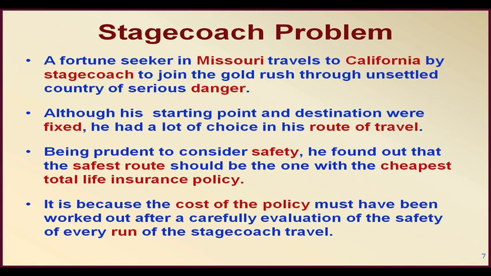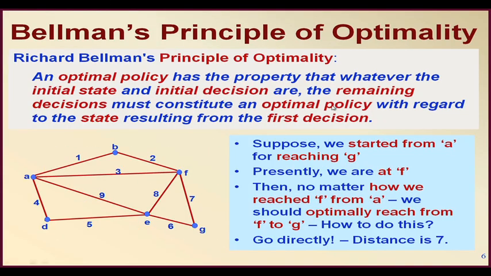So, in a prudent way, it was decided that the safest route should be found out by the cheapest total life insurance policy. So, what should be that minimum cost path as we reach from Missouri to California using stagecoach. So, it was an original problem through which Bellman has actually founded this principle of optimality.